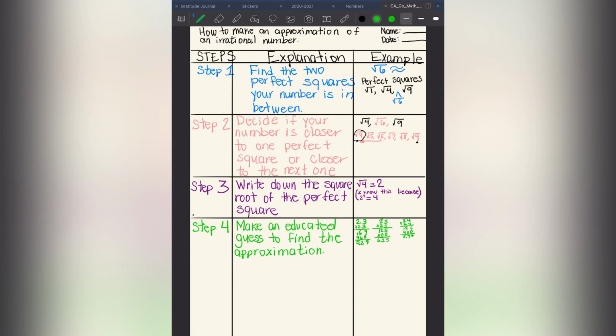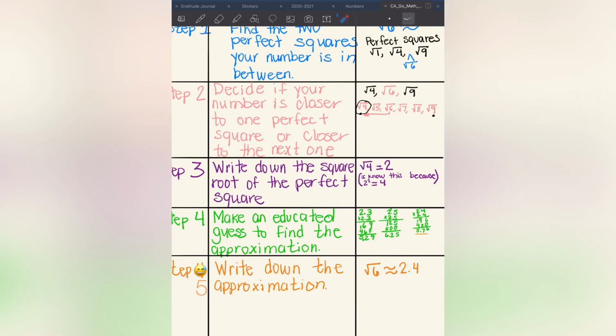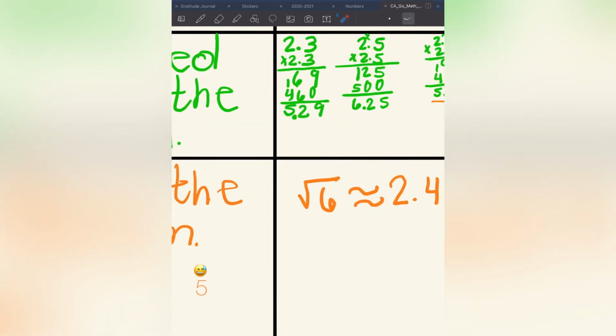Step 5, write down the approximation. The square root of 6 is close to the decimal 2.4, and that is our answer. So 2.4 is our answer.